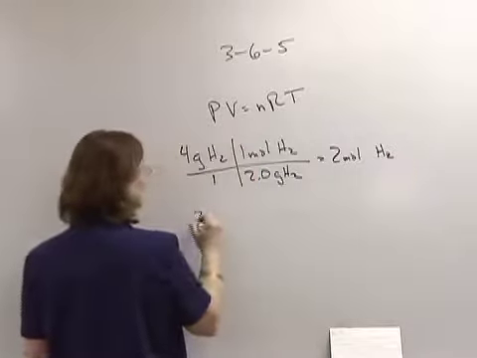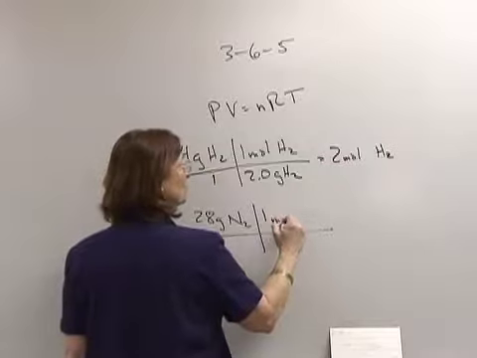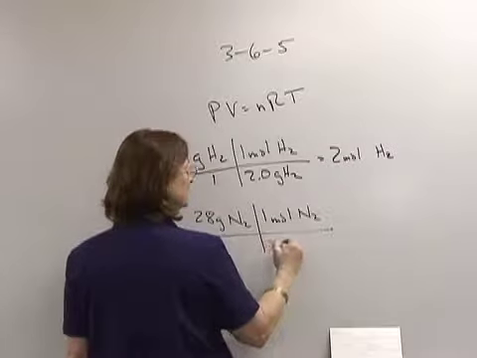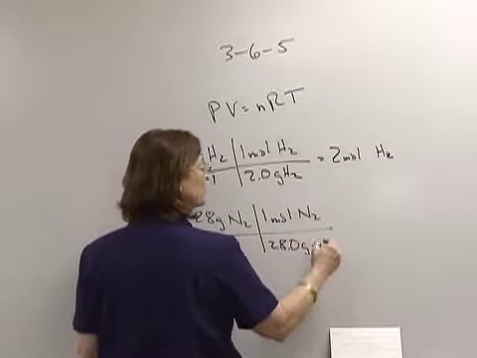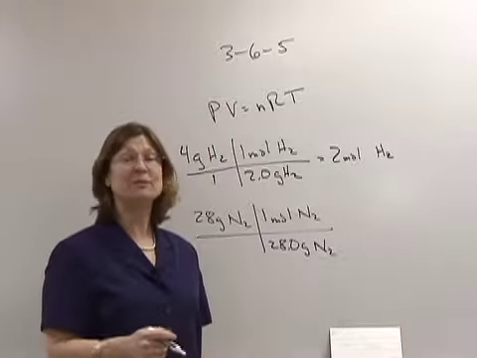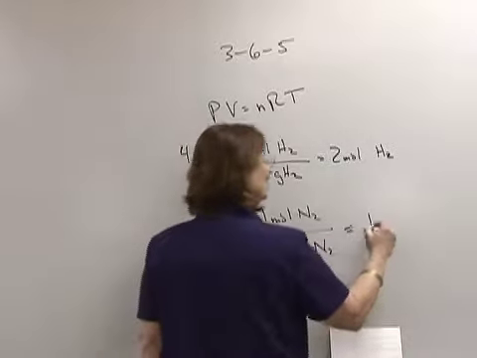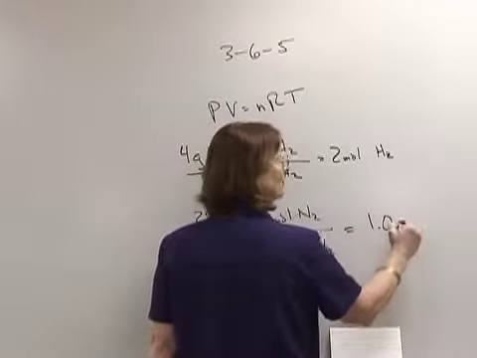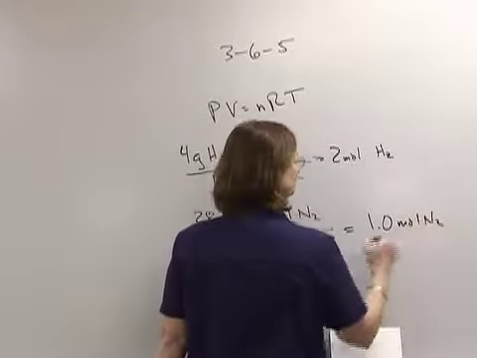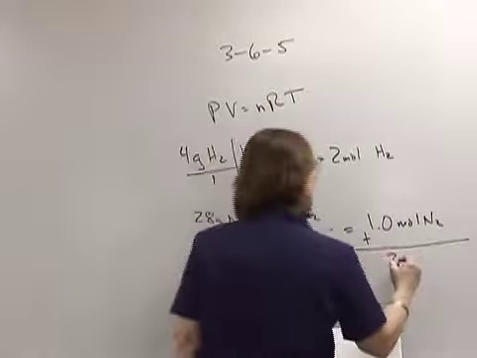And then we have 28 grams of nitrogen, and 1 mole of nitrogen has a mass of 28.0 grams of nitrogen, because when we have these atoms by themselves, they will become diatomic molecules. So I have 1 mole of nitrogen, and when I add them together, I get 3 moles total.